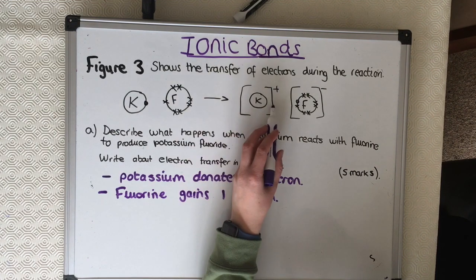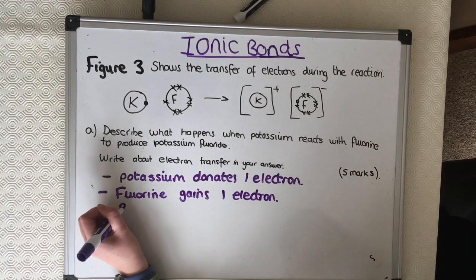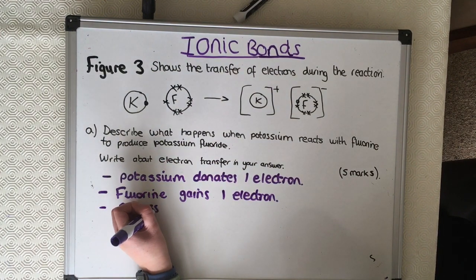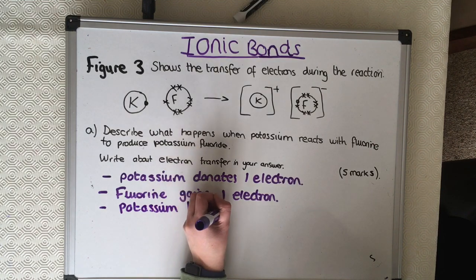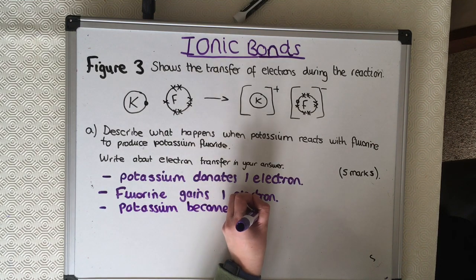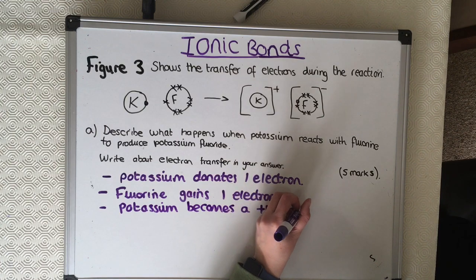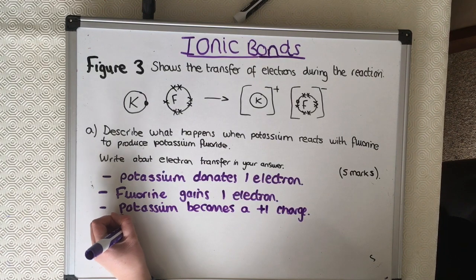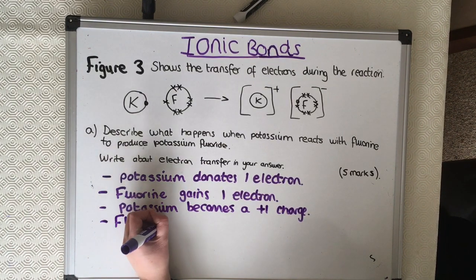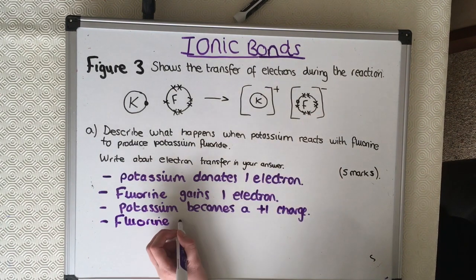I'd then talk about the charges on both, so I would say potassium becomes a +1 charge. Same again for fluorine, so fluorine becomes a -1 charge.